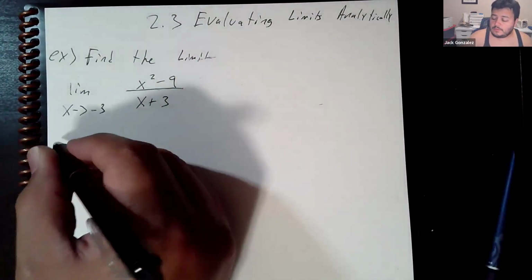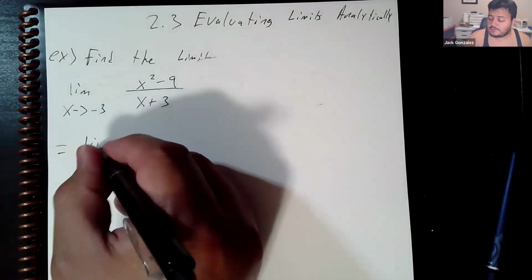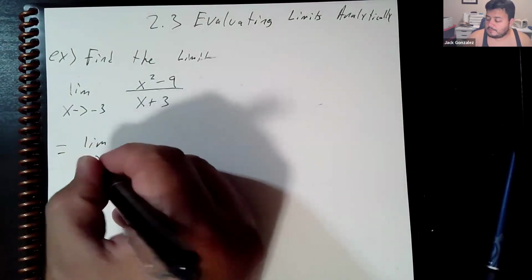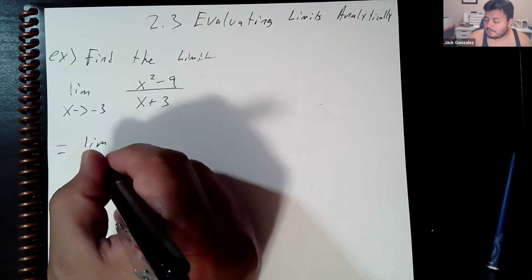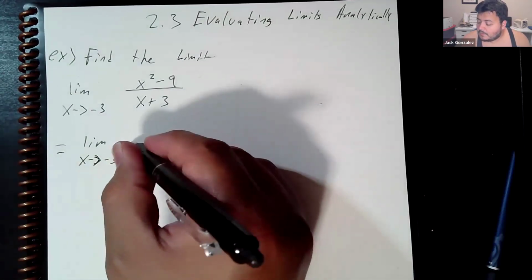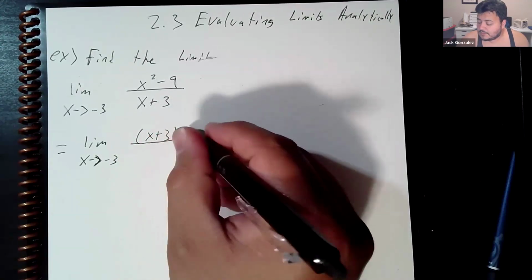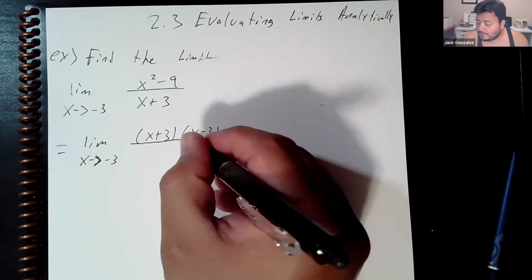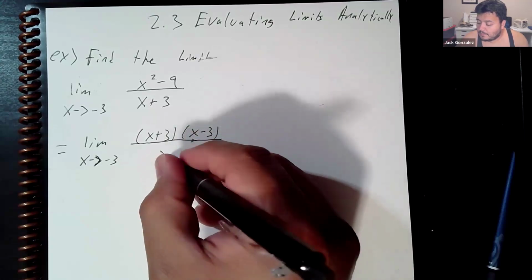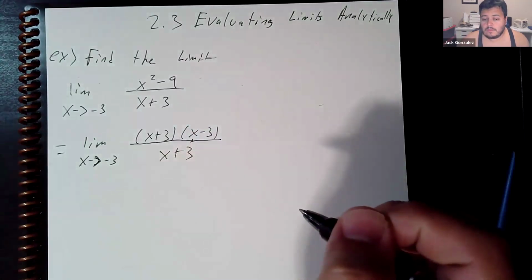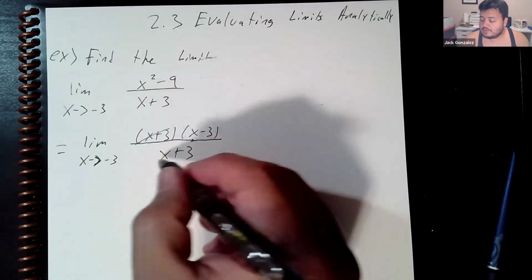So what they would want you to do is use algebra to help you out. The top part is a difference of squares. So you should see that it factors like this, right? Once it factors, you should see that these cancel.